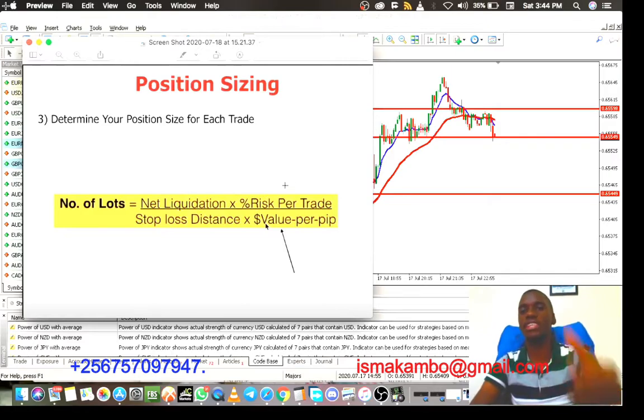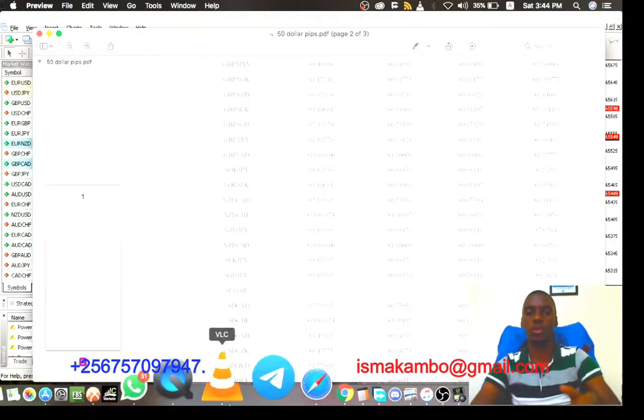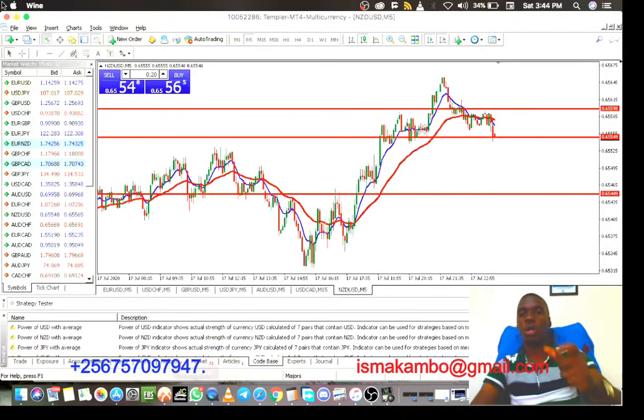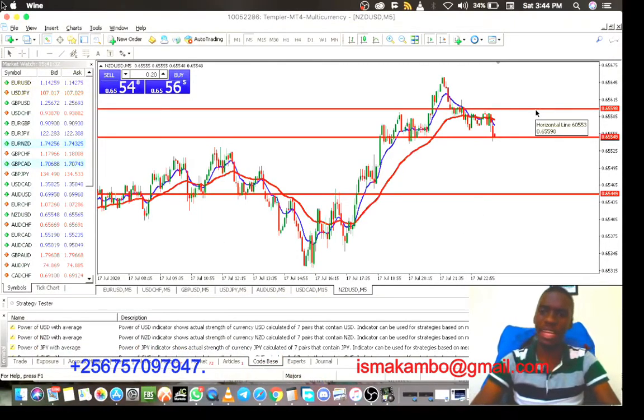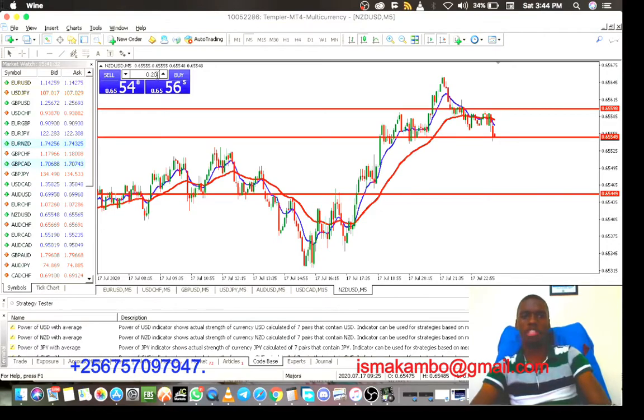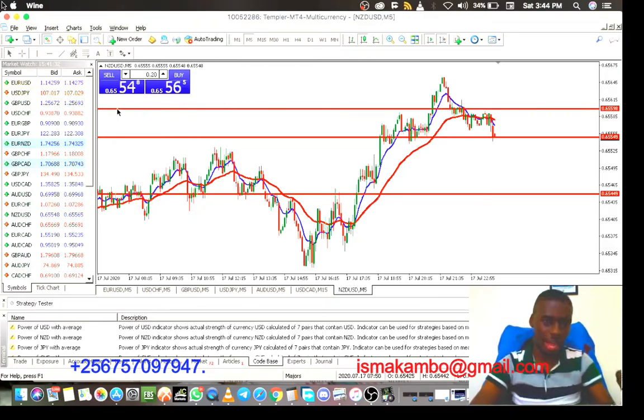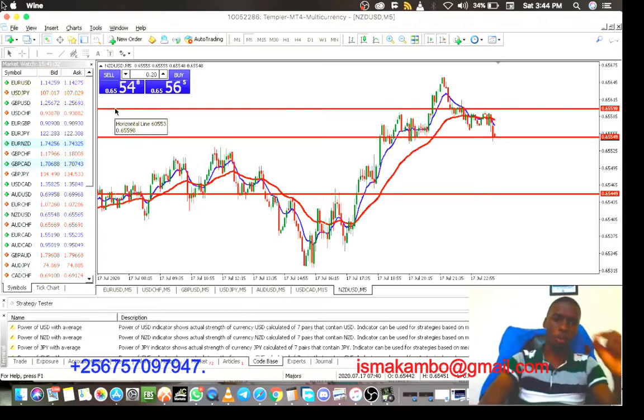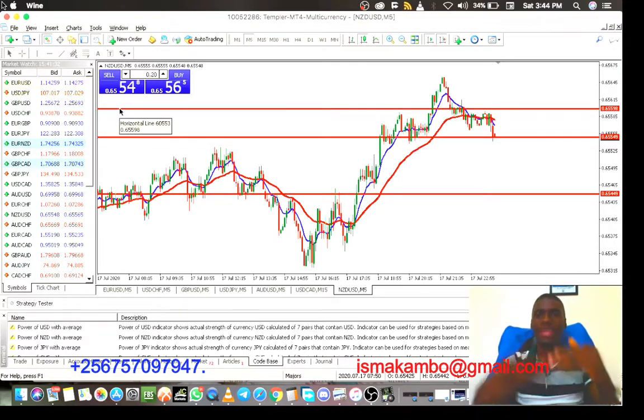So we are risking 10. 10 is our 2% of $500, which is our capital. So we come and put our lot size. When we put our lot size and adjust exactly to put the stop loss where you demarcated as your stop loss point, you realize that you are exactly risking $10.